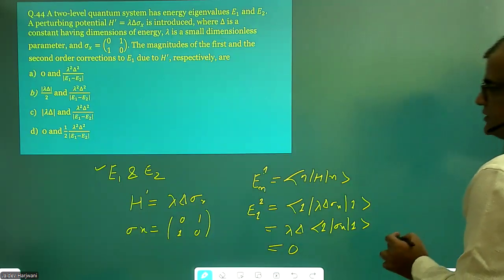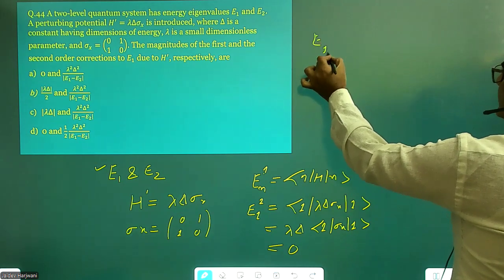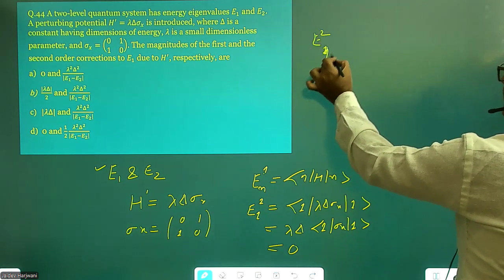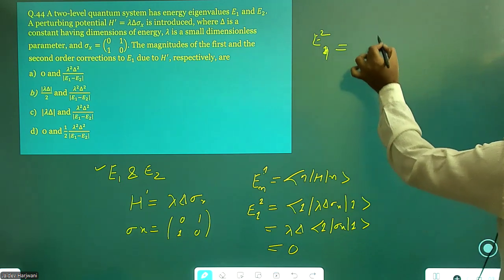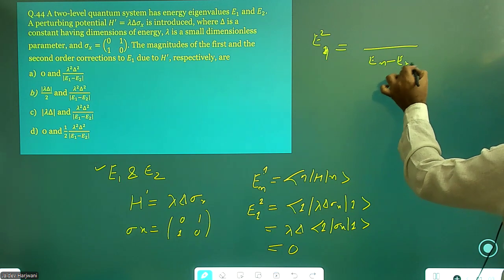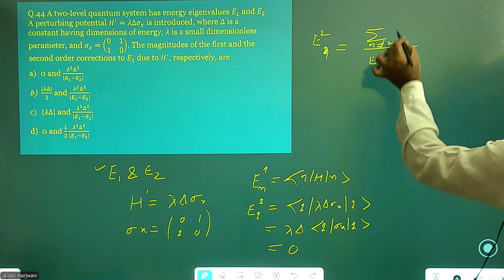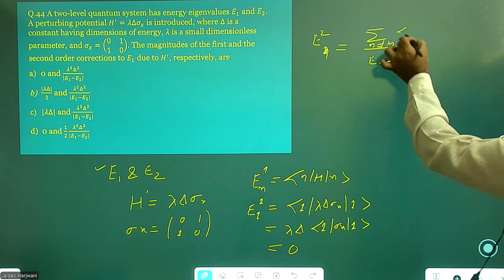Okay, now let us write the second order correction. The second order correction in any level is given by the summation over n not equal to m of |<m|H'|n>|² divided by (En minus Em).